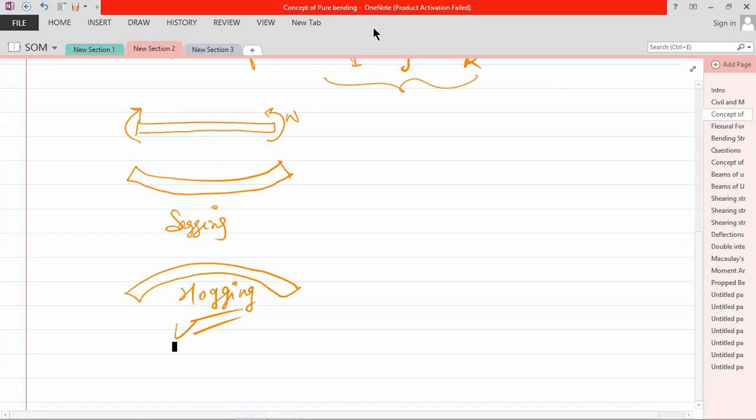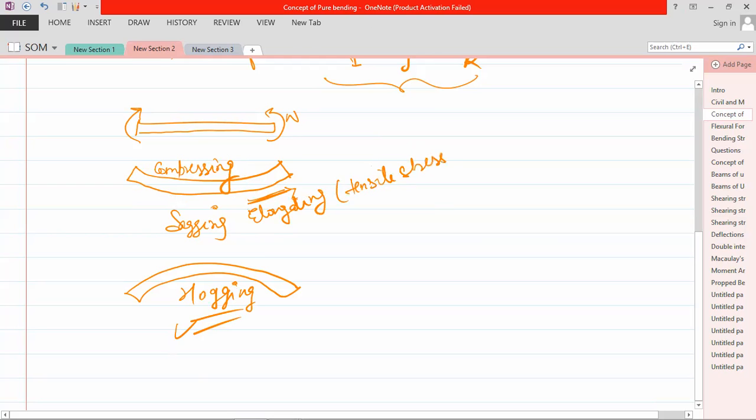So this is bending. Now if I want to emphasize, you can see that this bottom fiber is elongating and this top fiber is compressing. This means the bottom fiber is in tensile stress and the top fiber is in compressive stress.